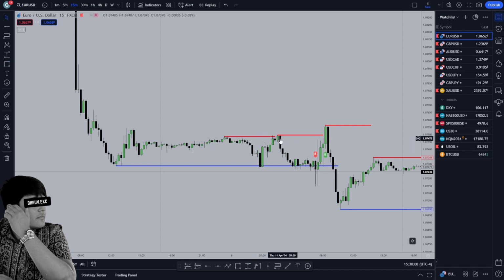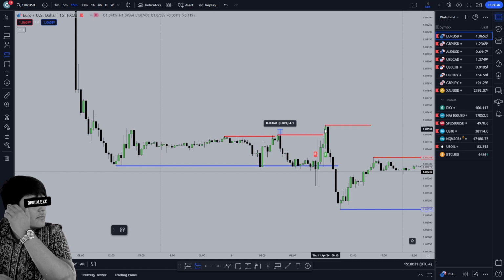Okay, or this resistance, not a supply zone, this one. So what we'll do is we will just mark it from here a little bit above, 2 or 3 pips or 4 pips above this. Okay, so now we know that 4 or 5 pips above this structure will be their stop loss.